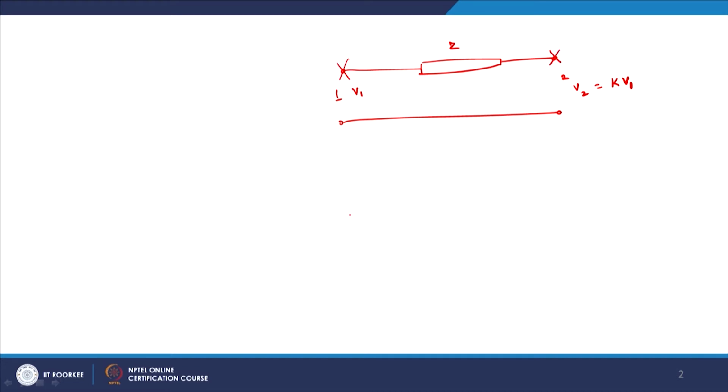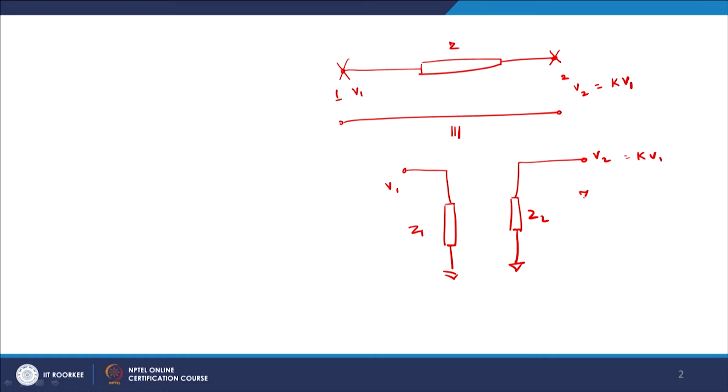Now this can be replicated like this, where this is Z1 with V1 once again, and this is Z2 with V2, which obviously equals K V1.